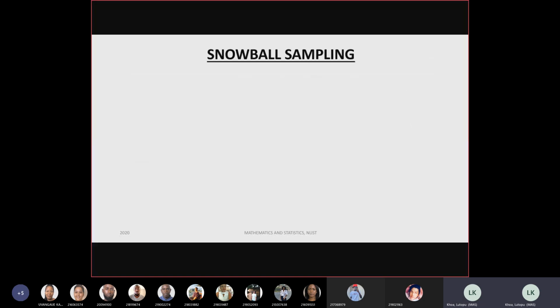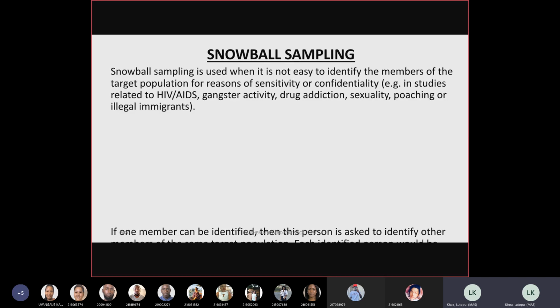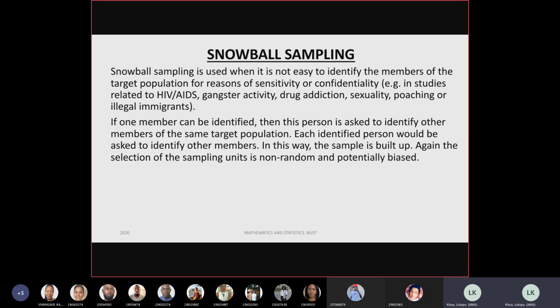And snowballing, I also mentioned this last week. I would say snowballing happens when it is not easy to identify members of the target population, and this is usually because of sensitivity or confidentiality. So if you're doing research on HIV/AIDS, for example, gangs, prostitution, those things where people do not openly state that they are part of the population.